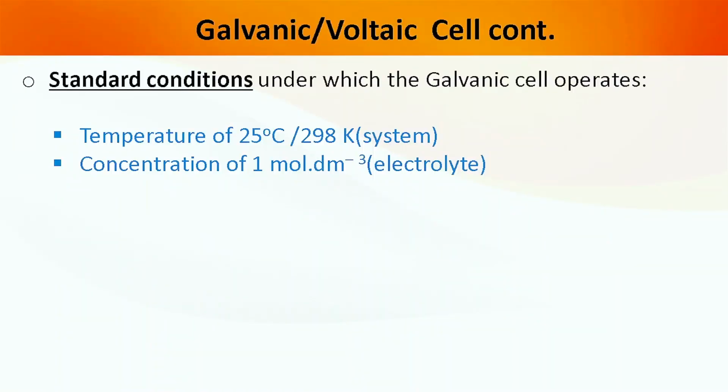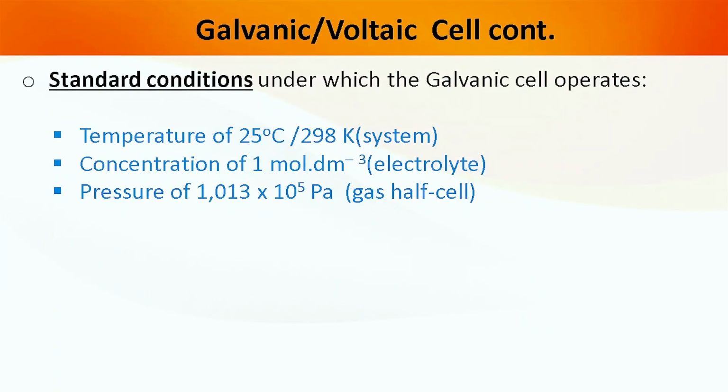The second condition that we need to pay attention to is the concentration. The concentration should always be 1 mole per decimeter cubed. So within those half cells, concentration will be there, but you need to measure an accurate quantity, which is 1 mole per decimeter cubed. Another condition that is very important is the pressure.